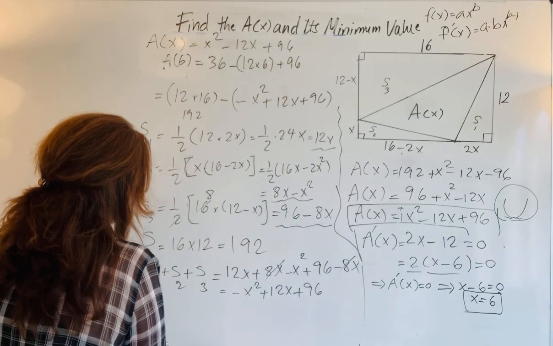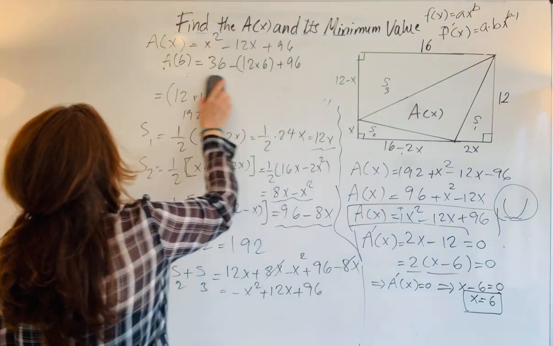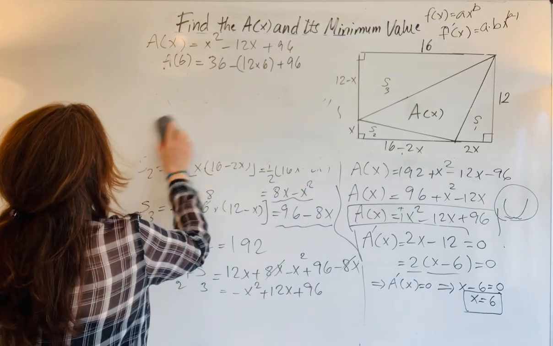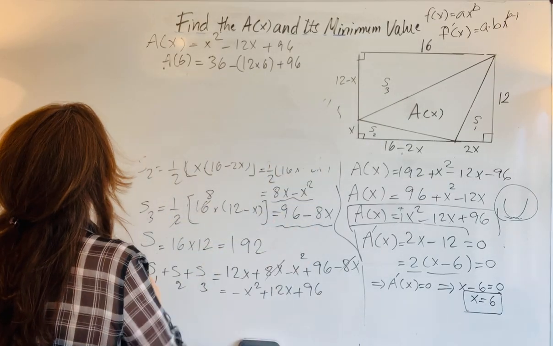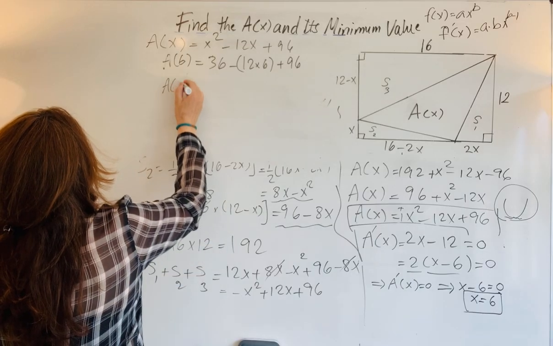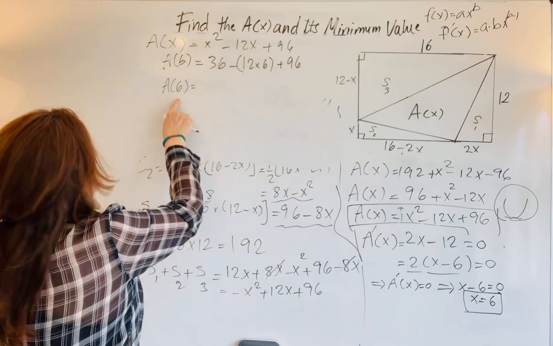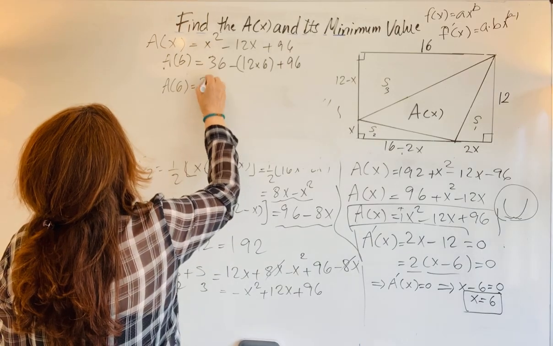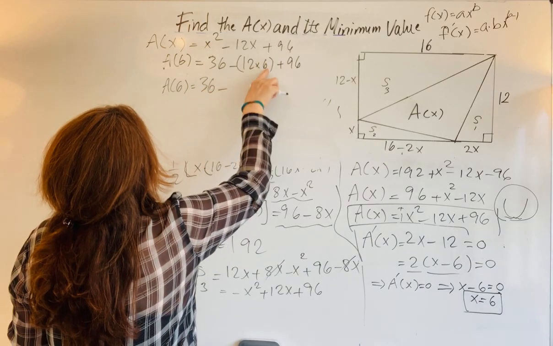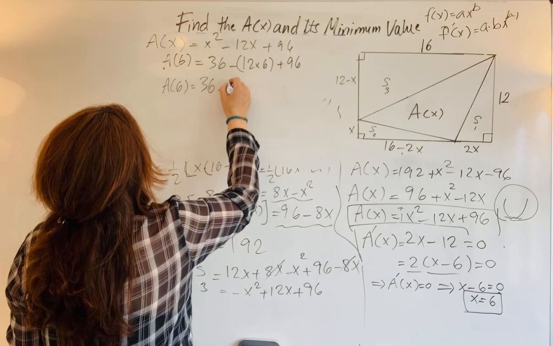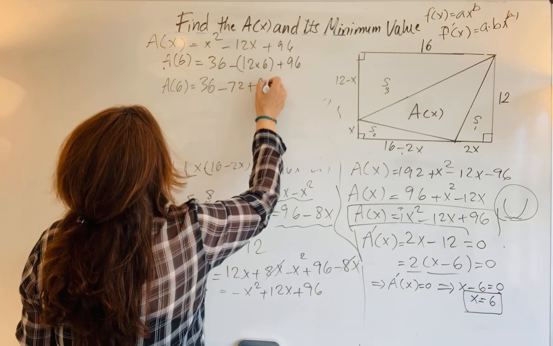Hope you are following me. A of 6, because this is the area, the minimum value. 36 minus 6 times 2 is 12, so 72, plus 96.